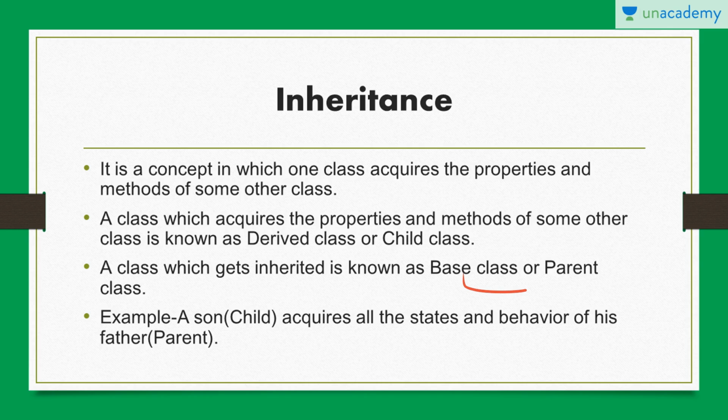So here your father is a parent class and you are a child class. This is the same case for your grandfather and your father also. Your grandfather is giving all his states and behaviors to your father, and your father is acquiring them. So this is all about inheritance.